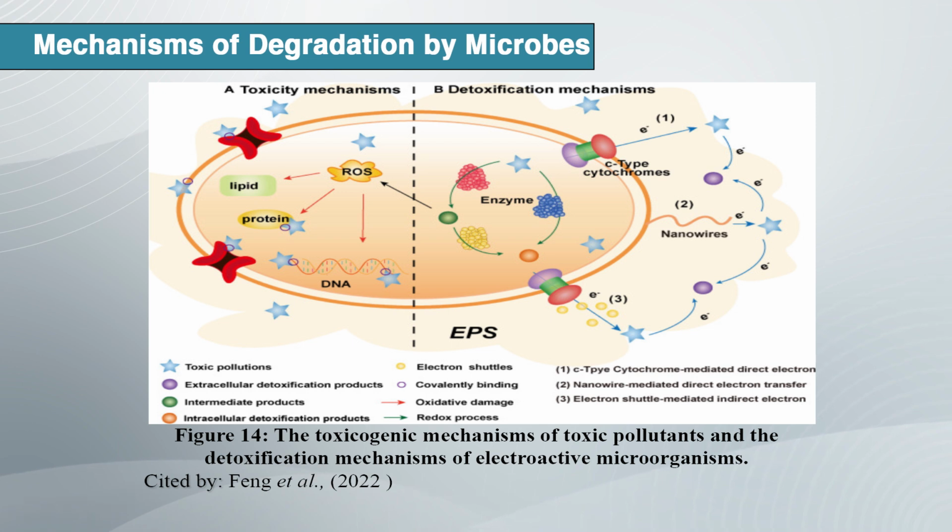Next one is the mechanism of degradation by microbes. There are two types of enzymatic process involved in bioremediation. First one is the major type of reaction and second one is the minor type of reaction.